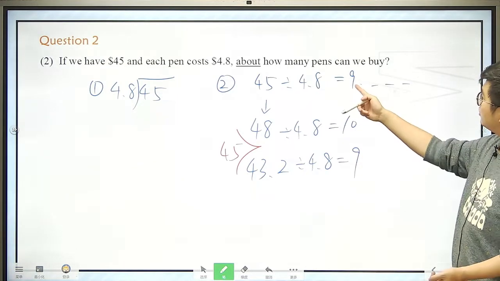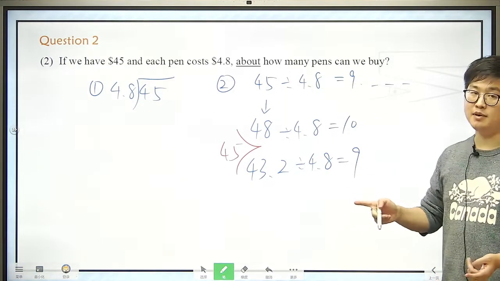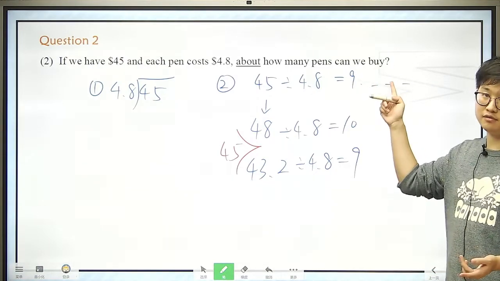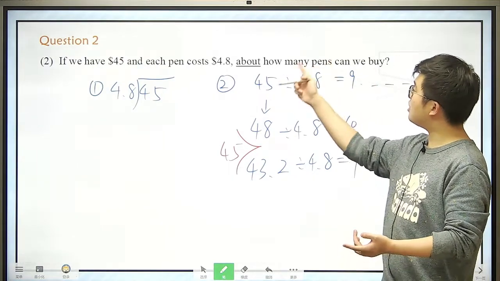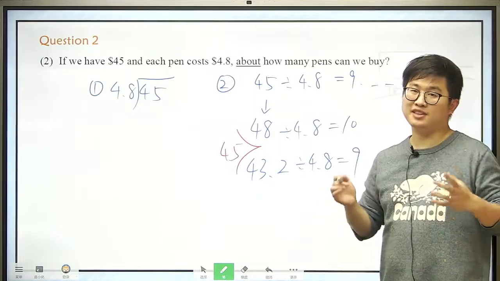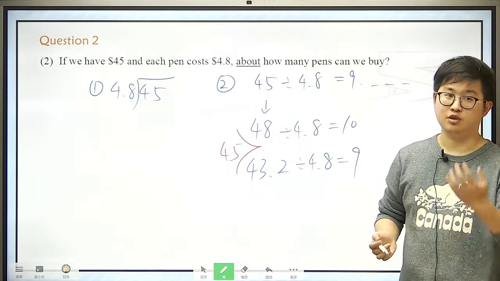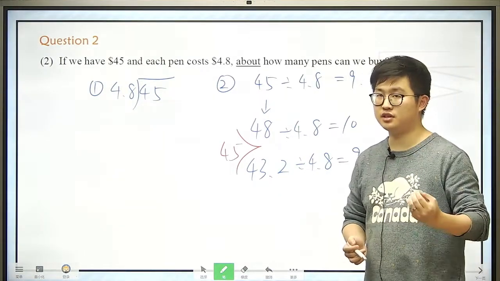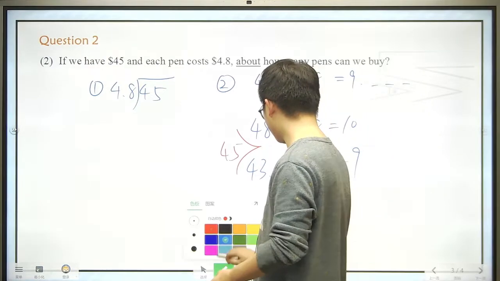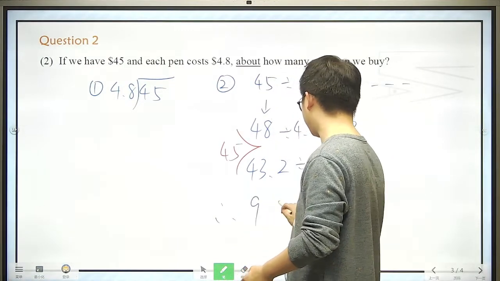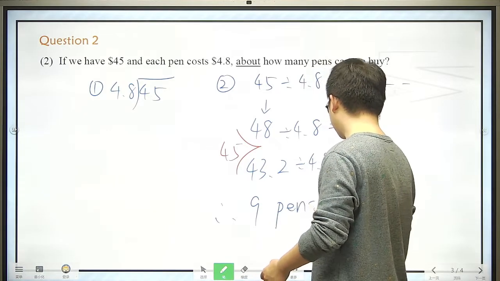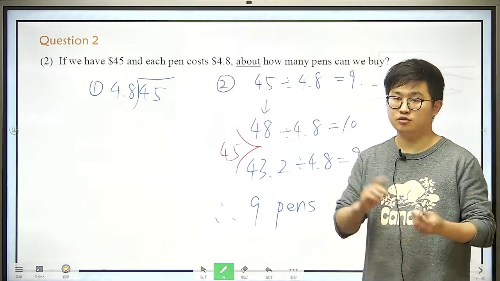So it goes to something more than 9. But we don't need to know the rest of it, because the number of pens will definitely be an integer, so we can only buy 9 pens. So here, the answer would be 9 pens. Great.